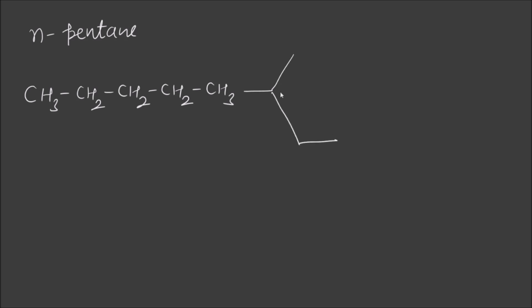So the number of monochloro derivatives is equal to the number of different types of carbons. See, the first is a primary carbon, the second one is a secondary carbon, the third is also secondary, the fourth is secondary carbon, and the last, the fifth, is also a primary carbon.